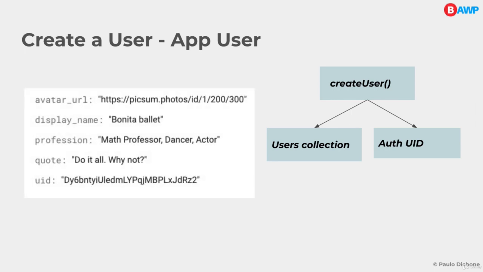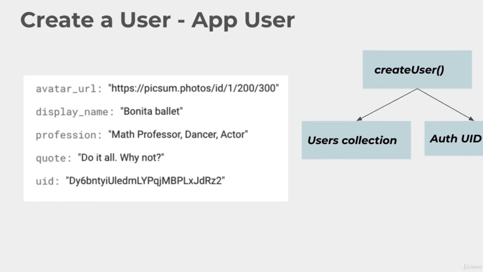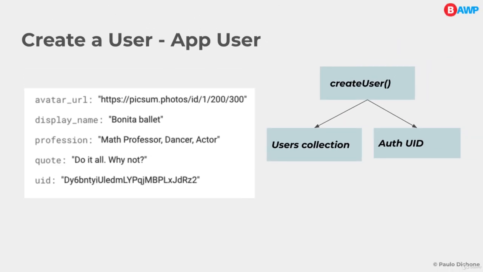Each user that we create will have an avatar URL, a display name, a profession, and a quote, if they wish to have a quote, and there it is, that UID. This UID is actually the ID of a Firebase user, which is connected to this user that we're going to be creating, right? So this is what we're going to be creating. This is the infrastructure that we're going to be creating next.